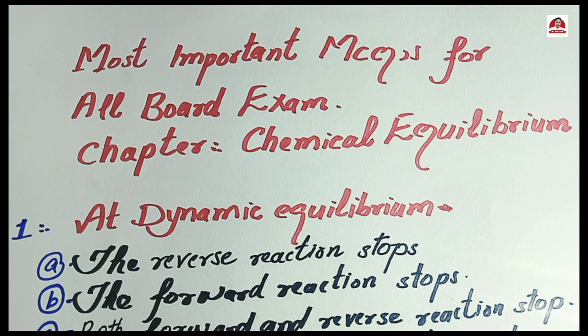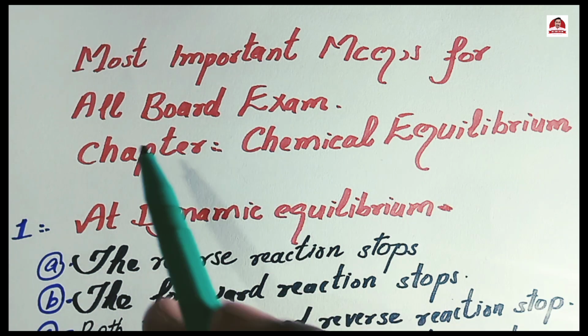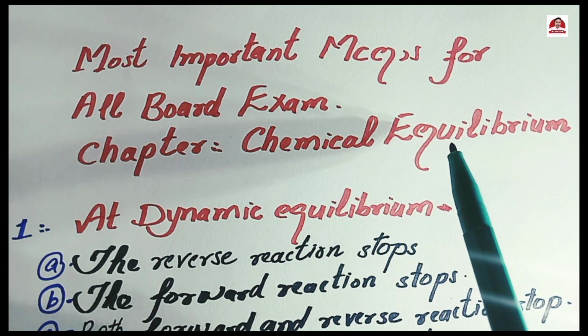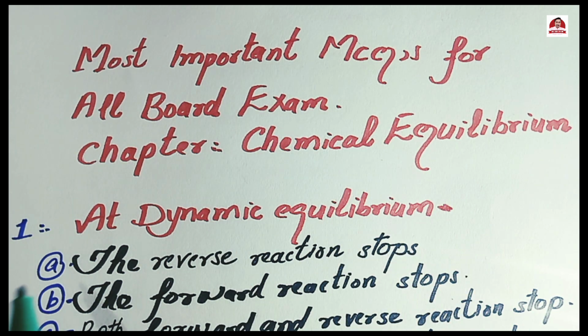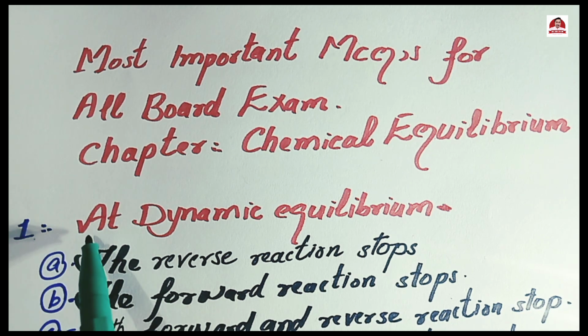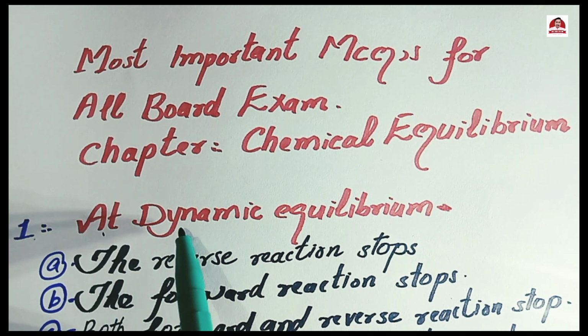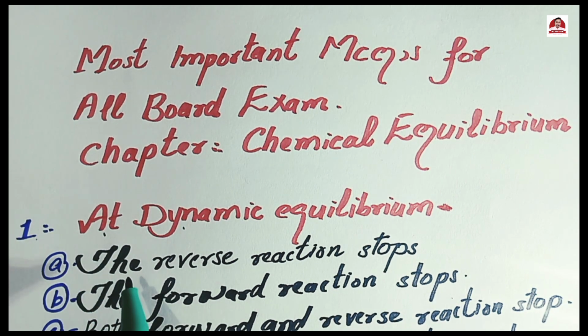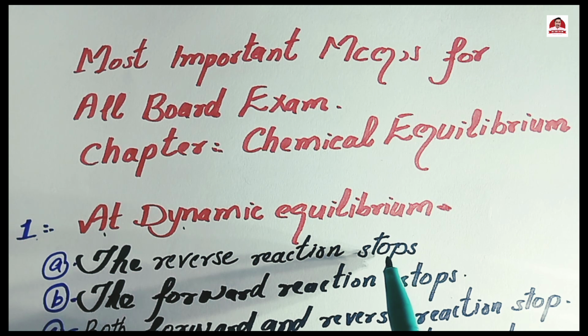Today we will discuss the most important MCQs for all board exams from the chapter Chemical Equilibrium. So, the first one is: at dynamic equilibrium. Option A, the reverse reaction stops.